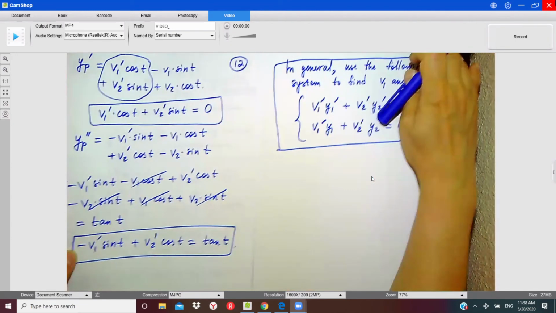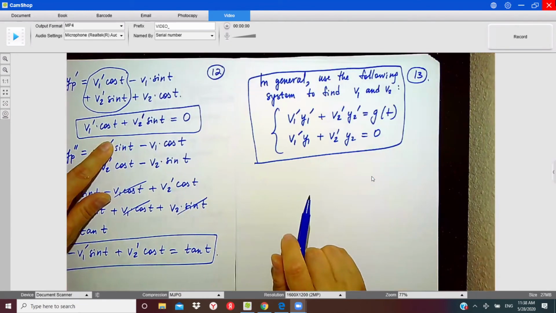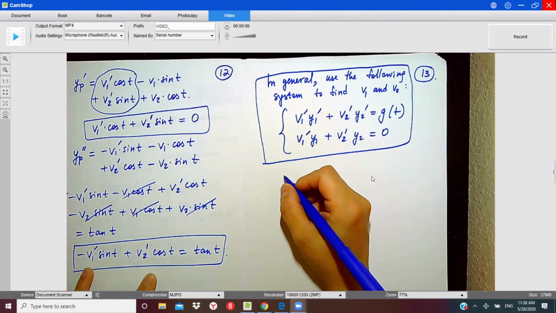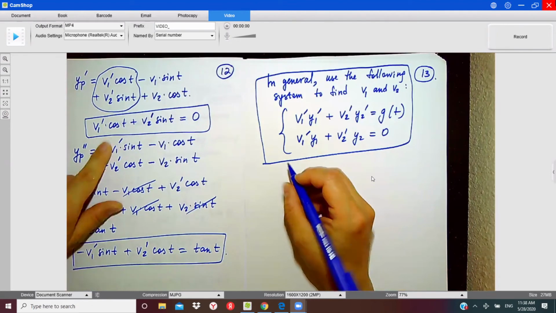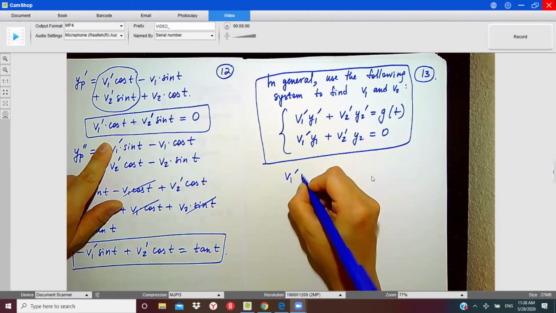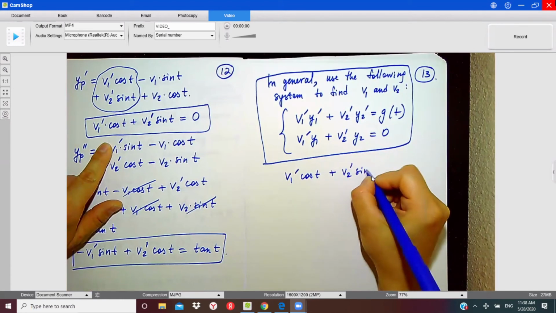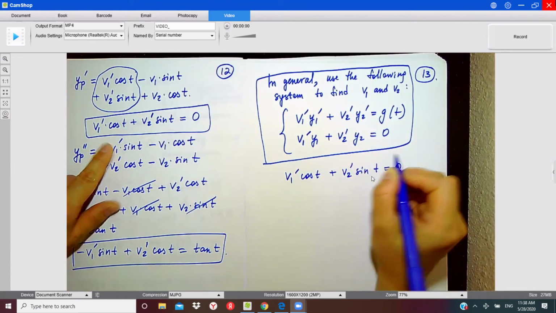So let us start with this one, v sub 1 prime cosine t plus v sub 2 prime sine t equals 0, okay?